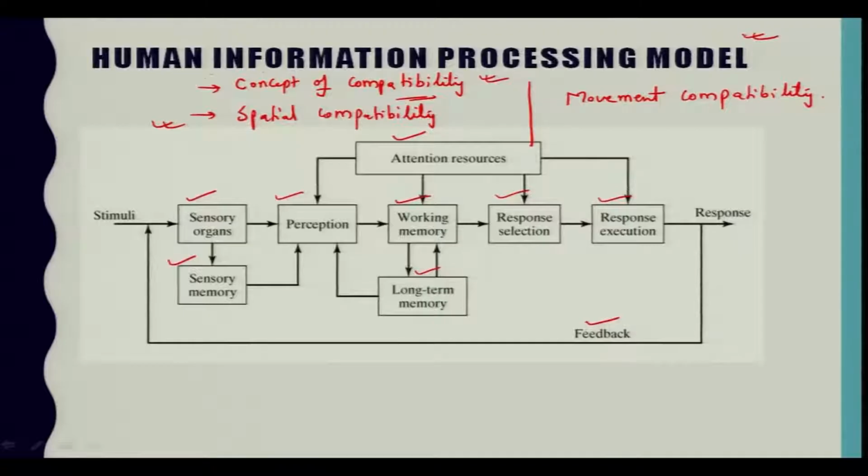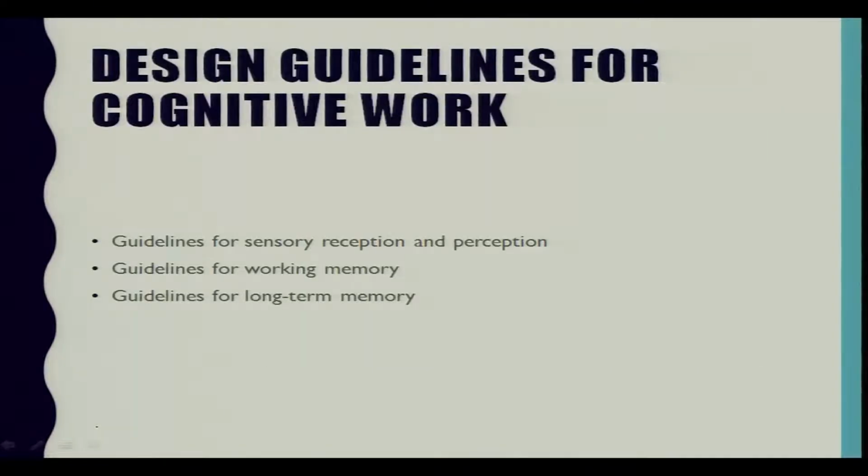So the whole coverage of these topics is organized according to the principal phases of human information processing, and now we will go on to understand the guidelines for various cognitive work elements. In that series, first we will try to discretize our discussion on the basis of the various components of the human information processing model.